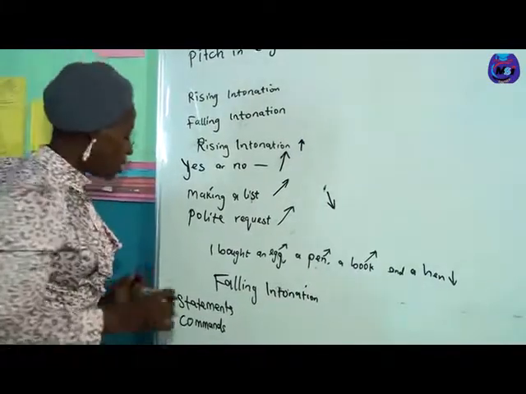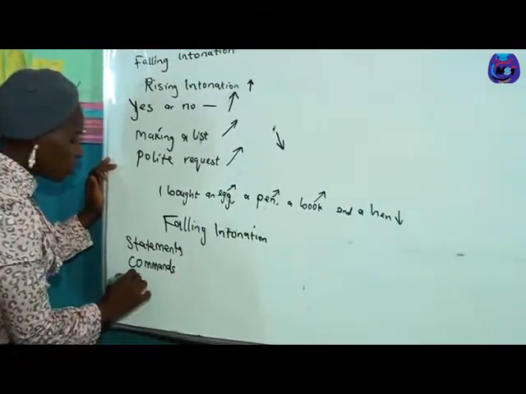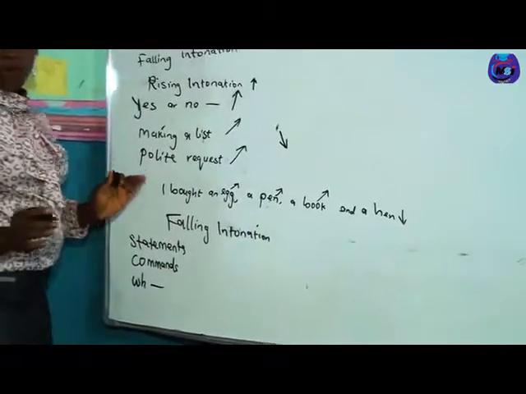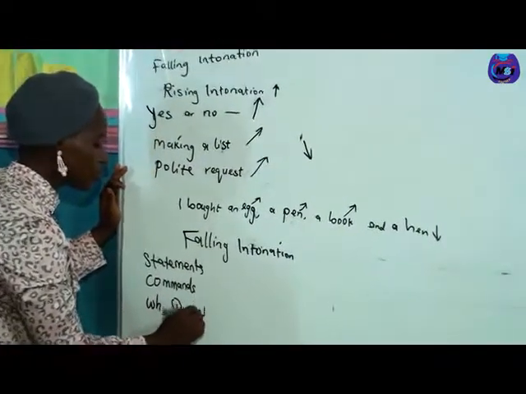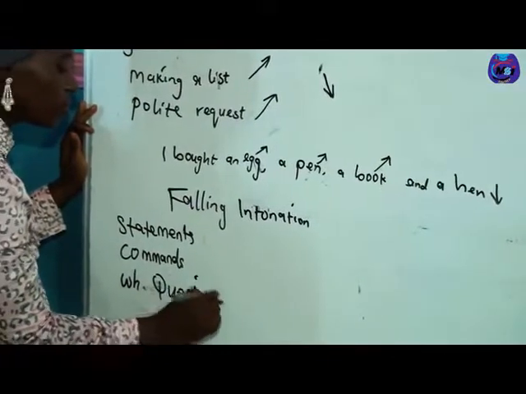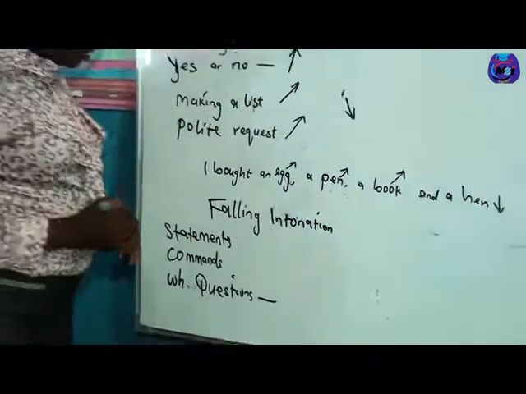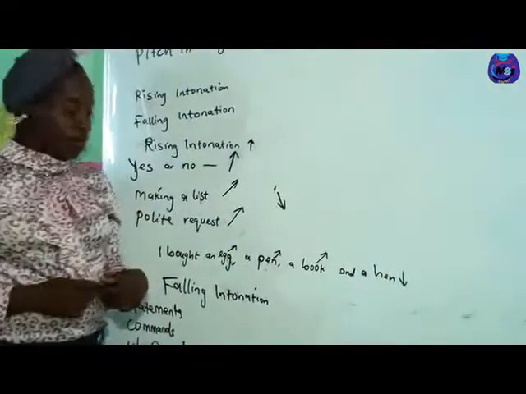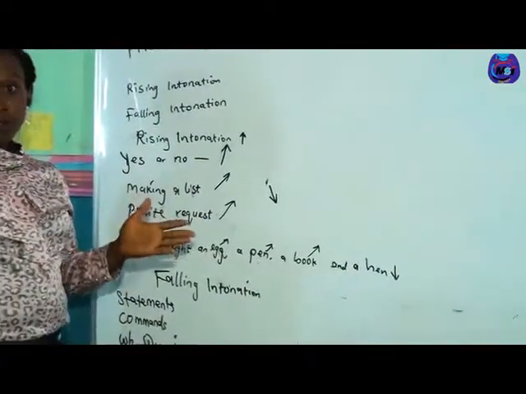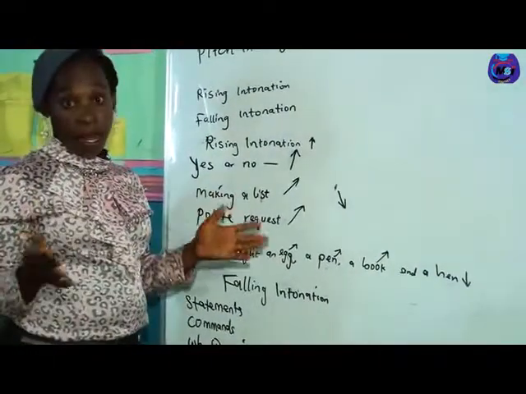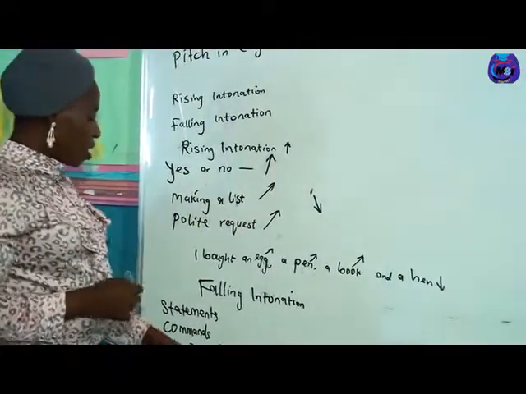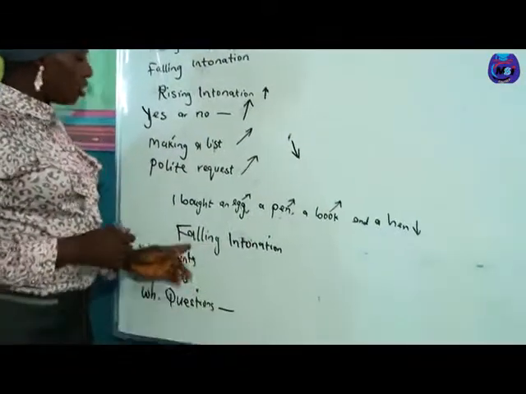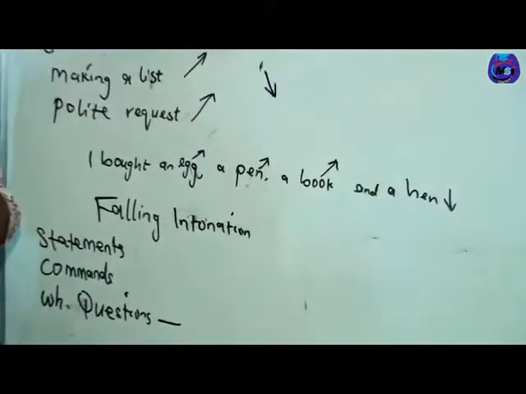When you're asking questions that begin with WH, when asking WH questions, like what, when, who, they all start with WH. Those questions, you ask them on a falling tone, falling intonation.